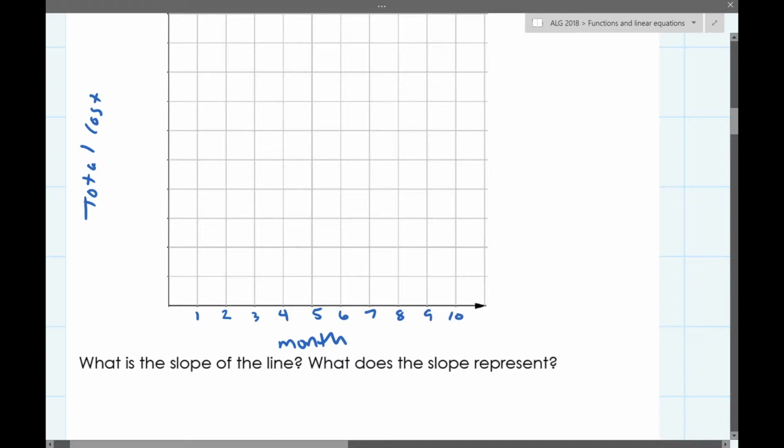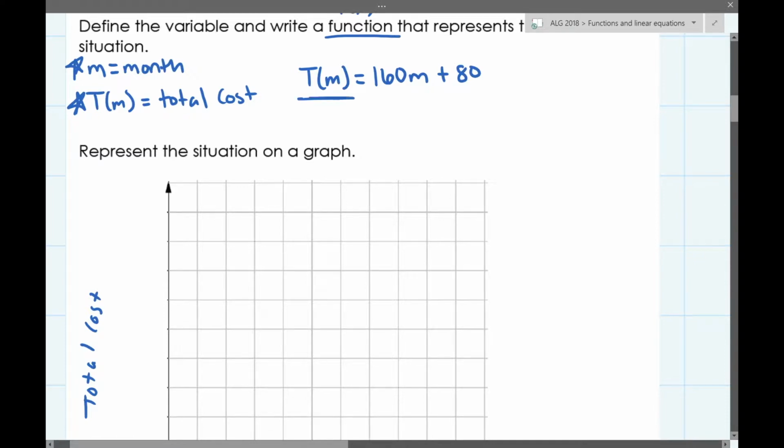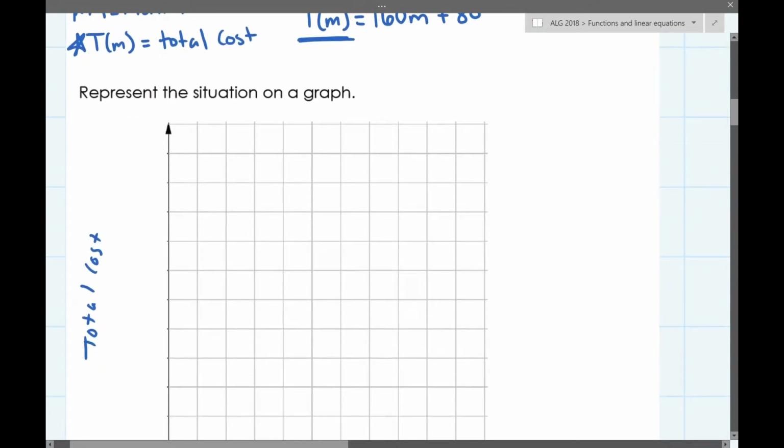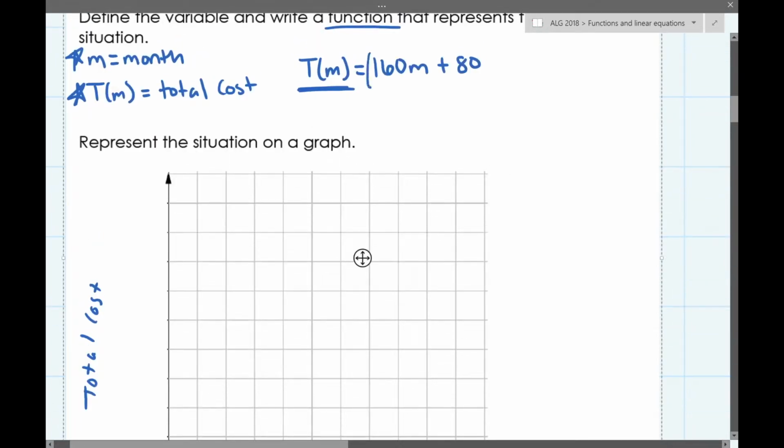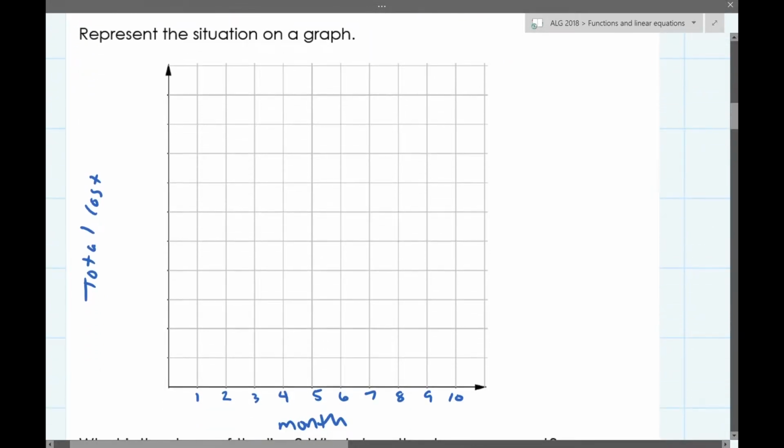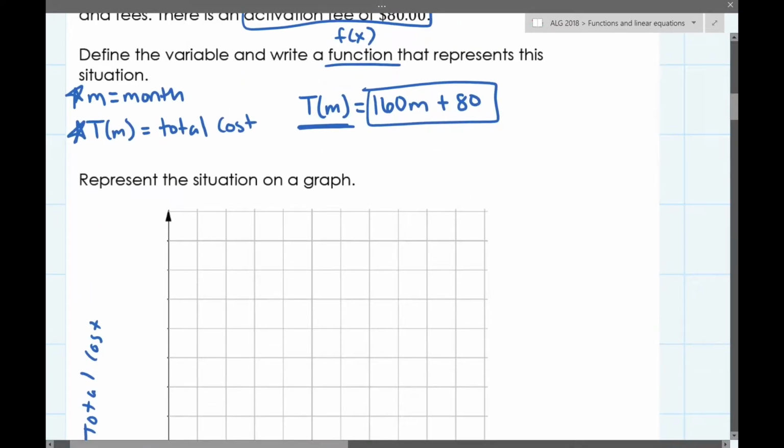Okay. Now my total cost is a little different though. So this answer right here is going to be my total cost. Okay. Now it wouldn't be smart for me to go up by a small number because these two numbers are not small. So because those two numbers are not small, it would be smarter for me to go up by a bigger number. So probably not 5, probably not 25, not 50. I would go up by hundreds.